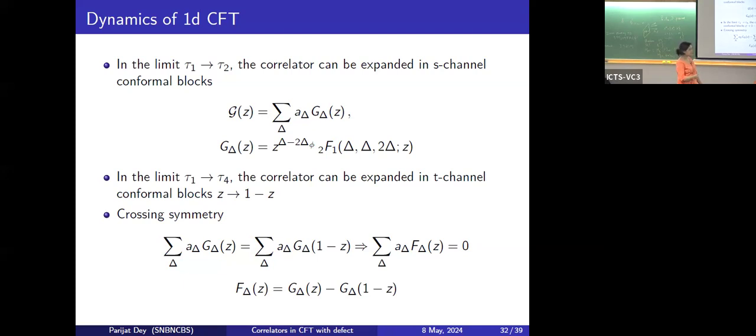This is a functional constraint on the CFT data. It puts a constraint on A's and deltas, and this has to be satisfied for all values of Z. So the goal of the bootstrap program is to find a solution of this equation. If a suitable solution exists, then that will tell us that this is a specific CFT.